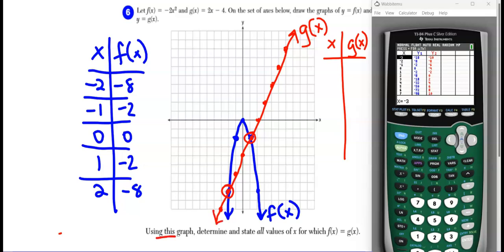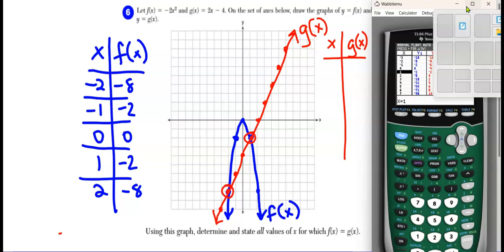And now I'm going to use this graph to determine all the values of x for which they're equal. Can also see it here in my graphing calculator. So as I'm scrolling down to my inputs, I see negative 2 has the same outputs. And then as I scroll here, I see 1 also has the same outputs.